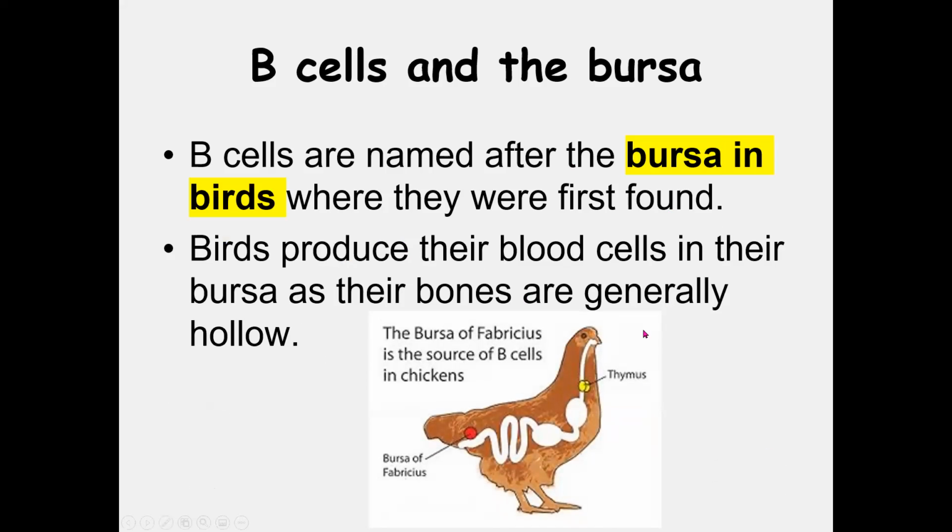So I put this diagram to show you. So here's the thymus, so they have their T cells produced there, and the bursa is at the back. It's called the bursa of Fabricius. And this is in chicken, but all birds are the same. Actually, I'm not sure about the ratites, the birds that don't fly, because their bones are solid, heavy.